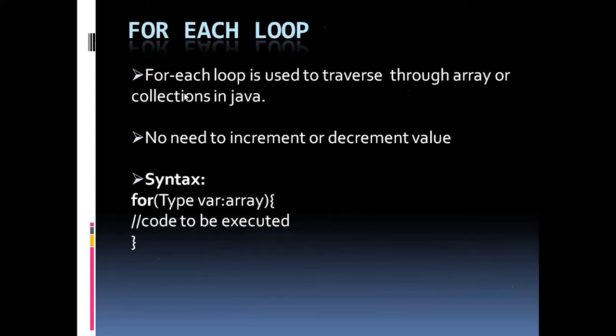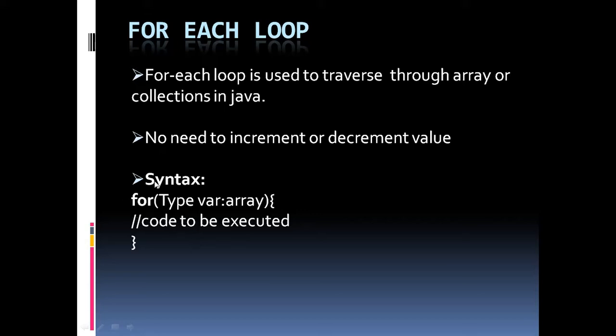Now the for each loop. The for each loop is used to traverse through an array or collections in Java. The advantage is you don't need to increment or decrement the value, and it will be taken care of by the Java compiler.